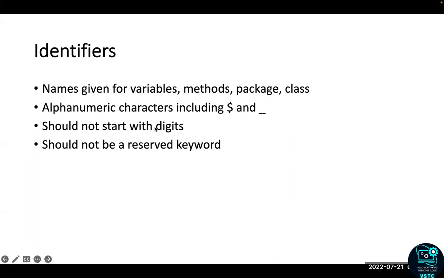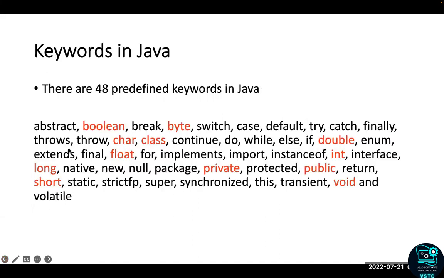And it should not start with a digit, and it should not be a reserved keyword. Because these keywords already have a specific meaning, we cannot use them as a name for any variable, class or anything else. These are reserved keywords.